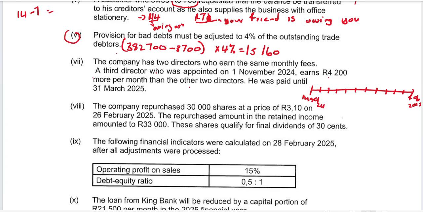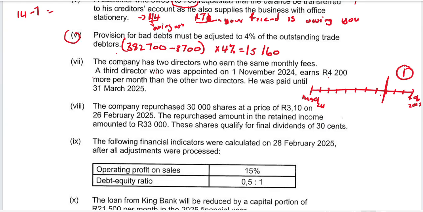So we pay the directors an amount for the outstanding amount, because he received the amount until 31 March 2025. Do you get me? We appointed the new director in November.